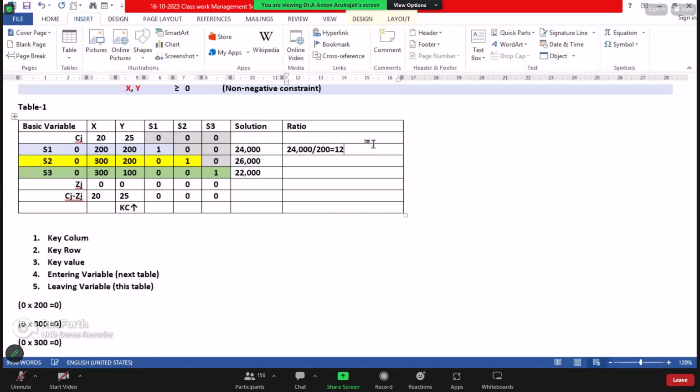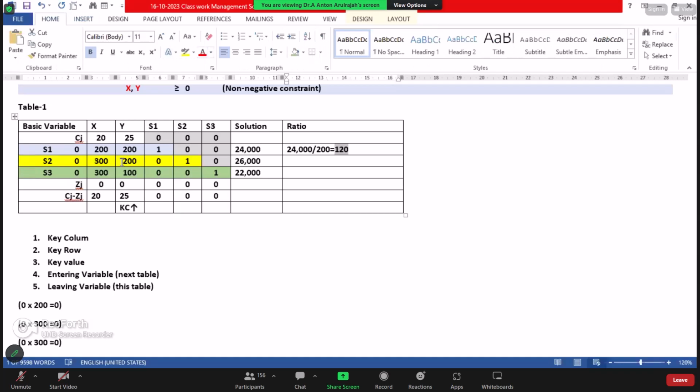Right. Similarly, this 26,000 has to be divided by this 200. How much? 130. Okay.